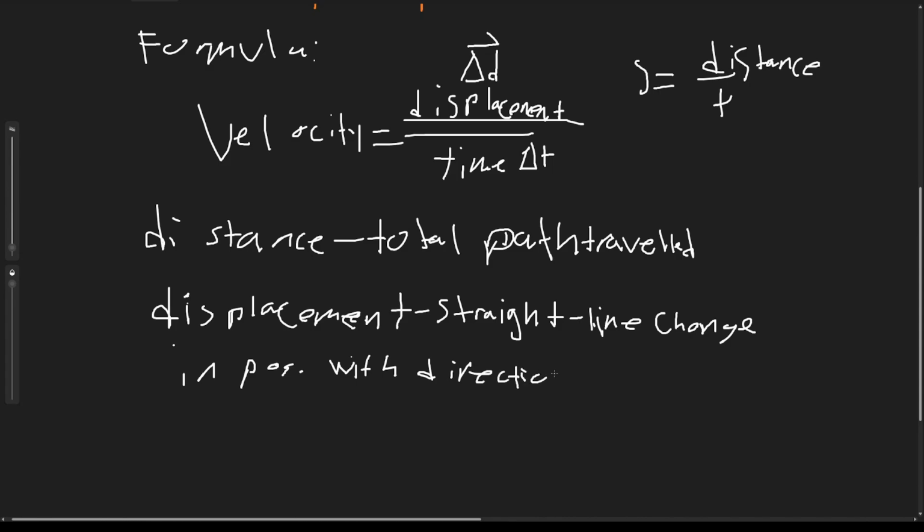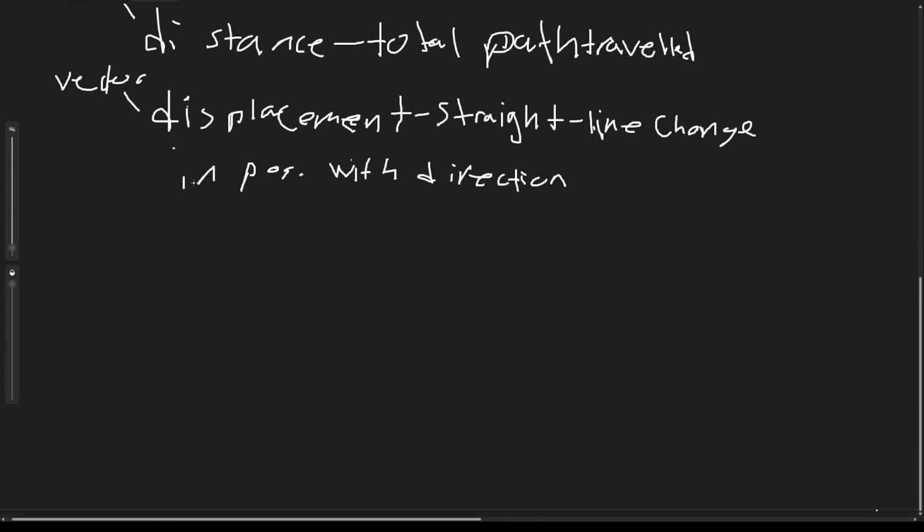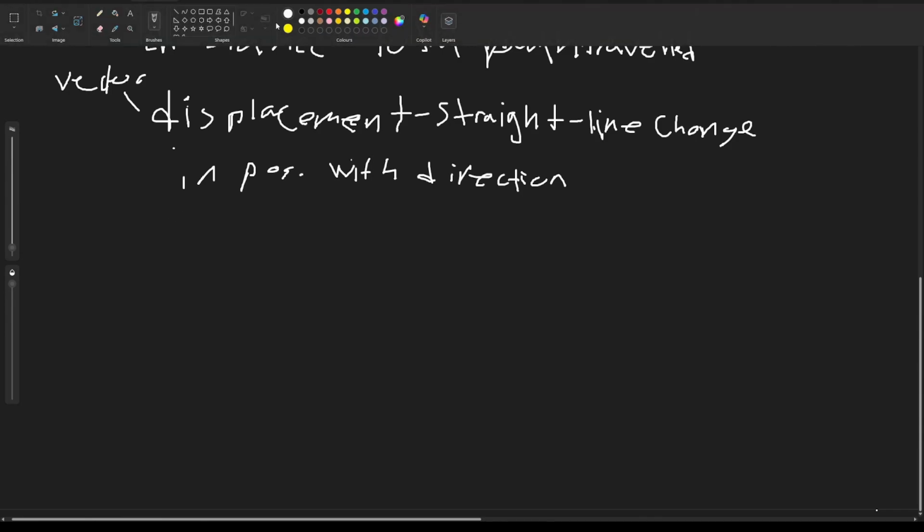That's another thing. Distance is scalar, so it doesn't give you a direction, but displacement is a vector. It's a vector quantity because it has direction and it has magnitude. So let me give you an example for the people who aren't familiar.